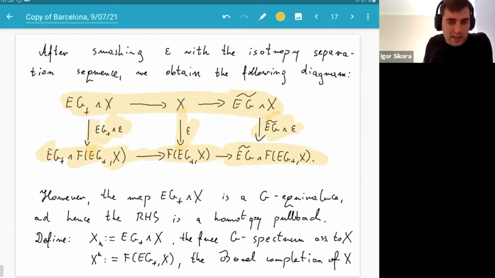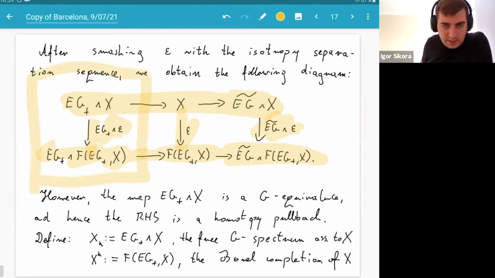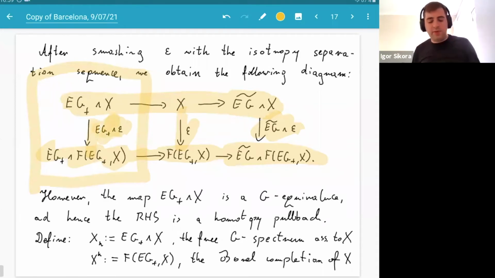There is a fact that the left-hand side map here is a G equivalence, and this is due to the fact that epsilon is a non-equivariant equivalence, and thus after smashing with EG plus, it becomes a G equivalence. Since the left-hand side here is an equivalence, we know that the right-hand side square is a homotopy pullback.